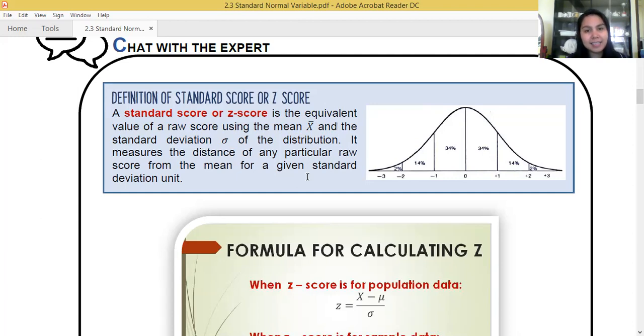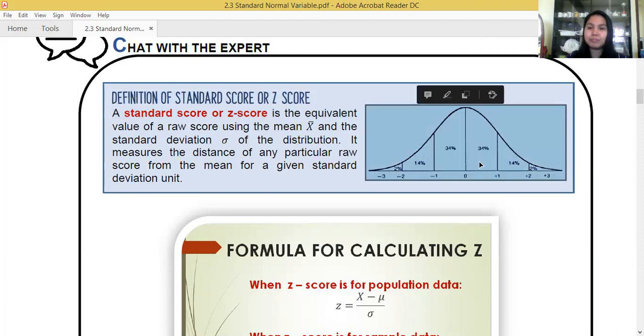Now we might ask, why do we need to compute the Z-score? For example, you're taking an examination, the entrance examination. And this is how we usually see it. 0, remember, is the mean or the average.